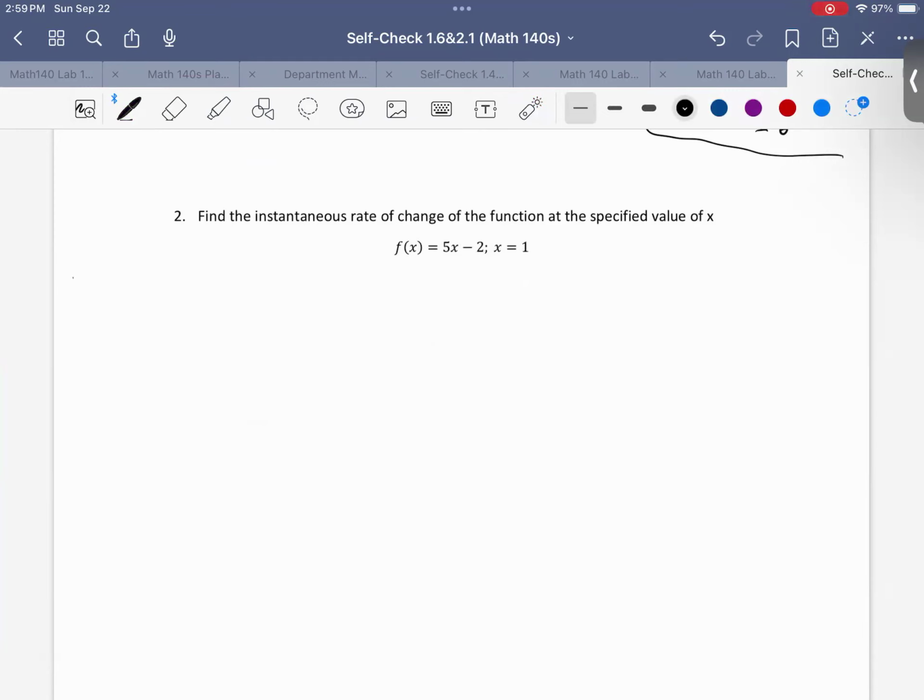So let's use the definition of a derivative, or maybe instantaneous rate of change. Let's go with that.